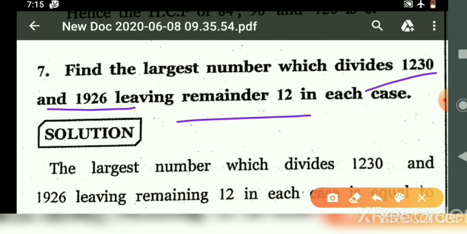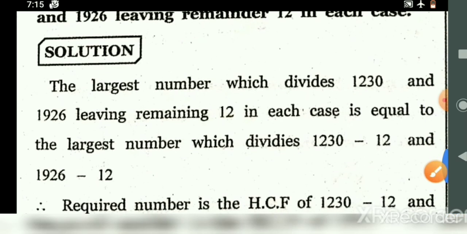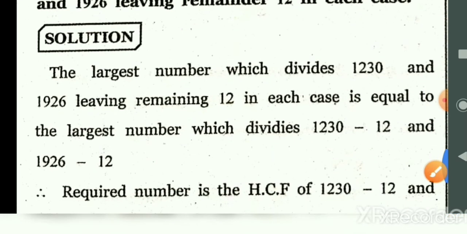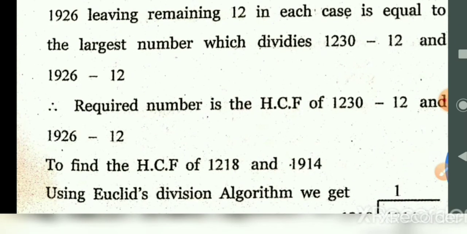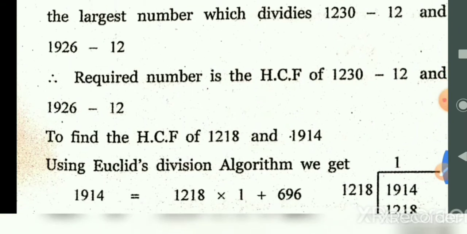We get 1230 minus 12 and 1926 minus 12. So we get the numbers 1218 and 1914. First of all, we have to find the HCF of 1218 and 1914.